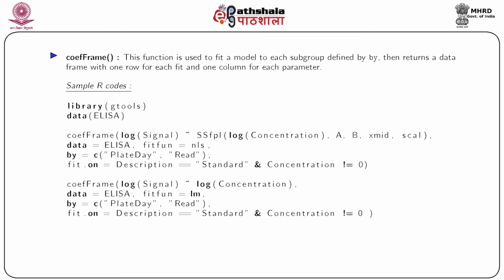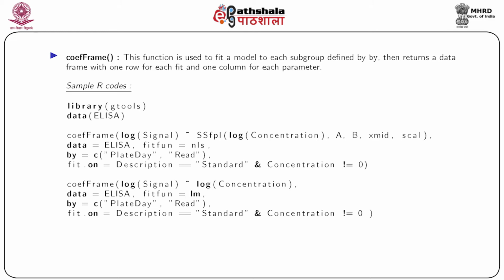In the library, using the library function, we have to use gtools. Data that we use here is ELISA. So coef frame based on a regression model where we are fitting log of signal on SSfpl, log of the concentration, A, B, xmid and scal, where each of these are variables in the data set ELISA.